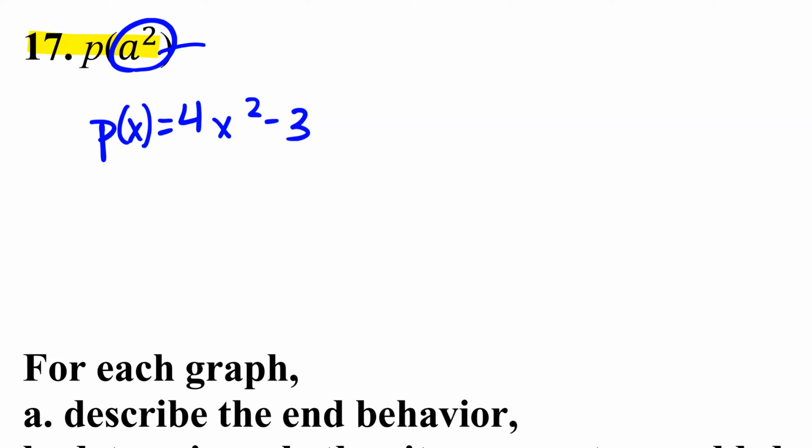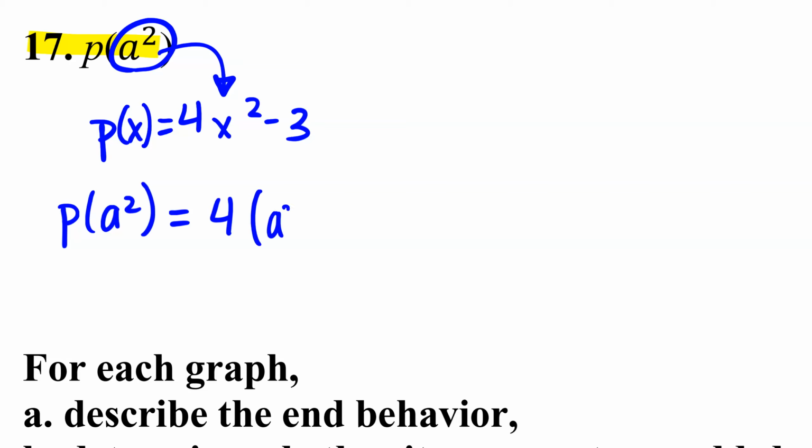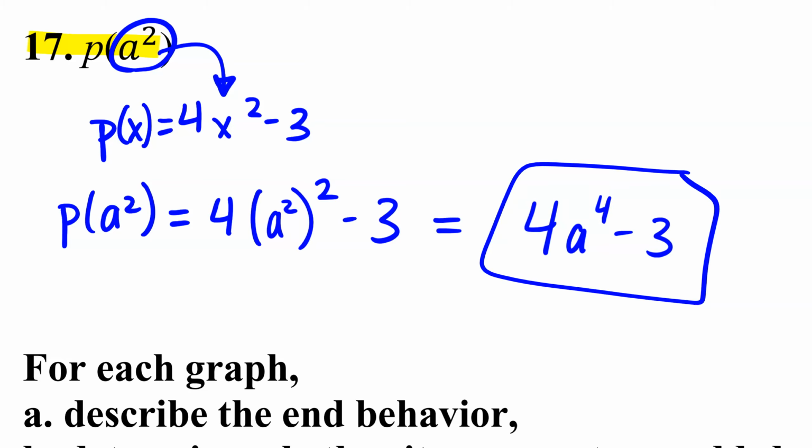So if I'm plugging in a squared everywhere there's an x, P of a squared is going to be 4 times a squared squared minus 3. Ooh, we have a power to a power. What happens? A squared squared turns into a to the 4th minus 3, right? 4a to the 4th minus 3. Tricky trick. That's it.